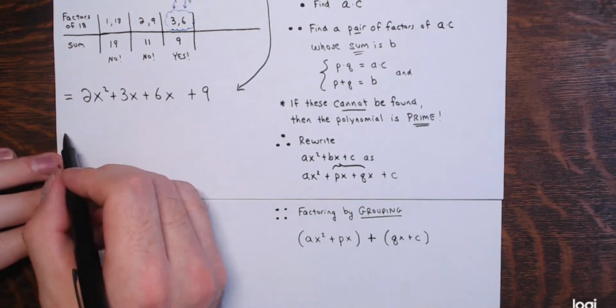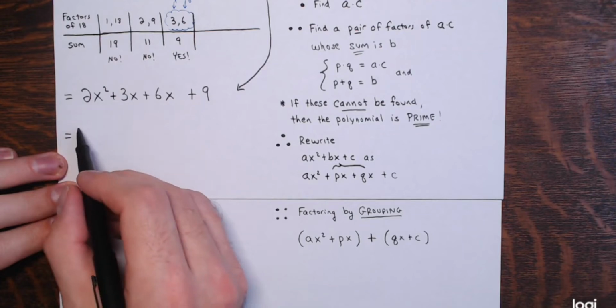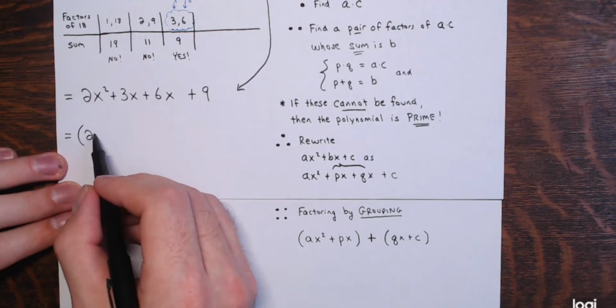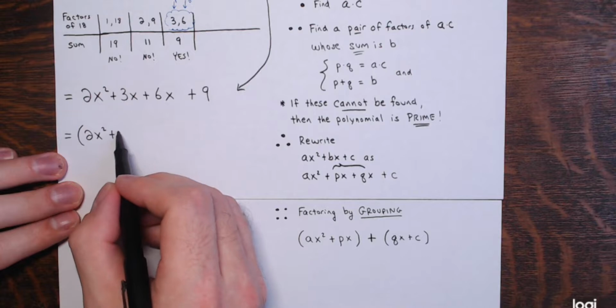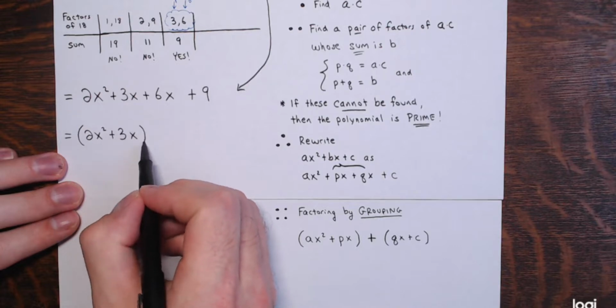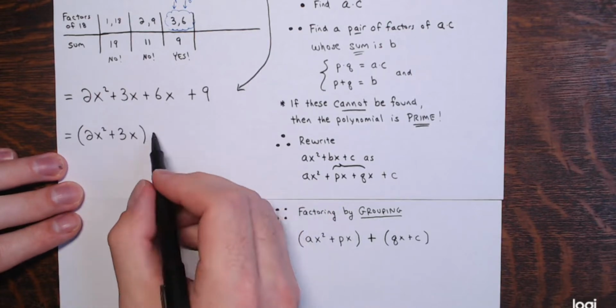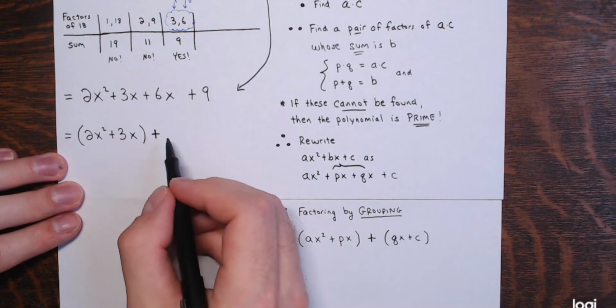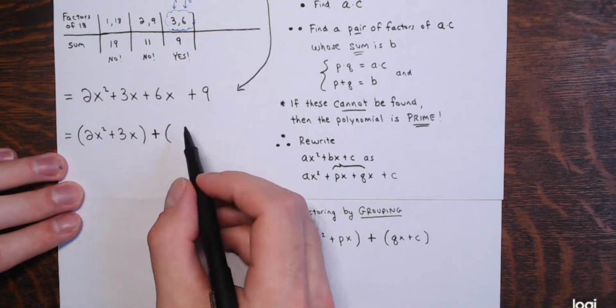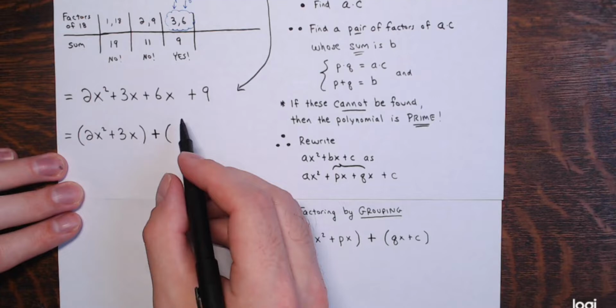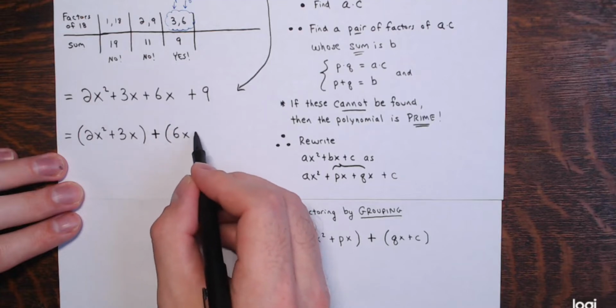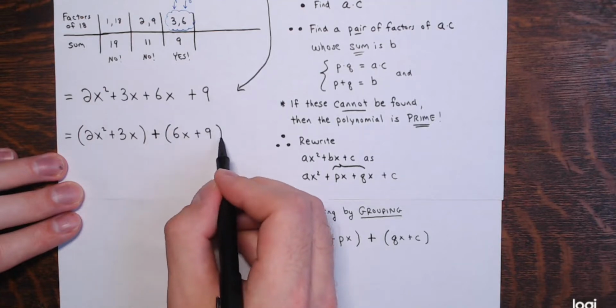So let me do that with my example here. I'm putting the first two terms in a group in a set of parentheses, right? So 2x squared plus 3x, big plus, and then the next two terms, 6x and 9, right? 6x plus 9 in their own group.